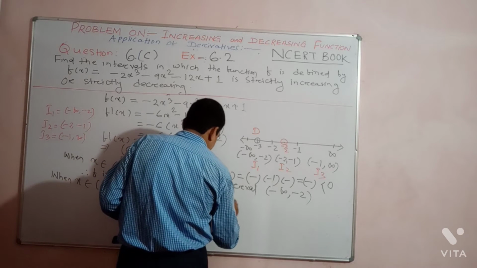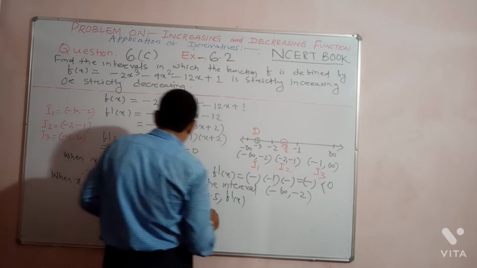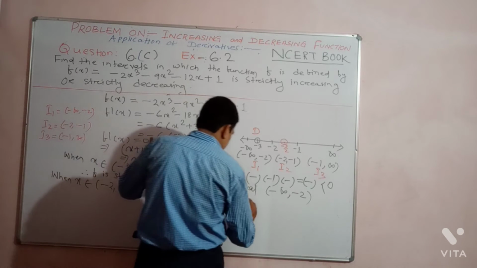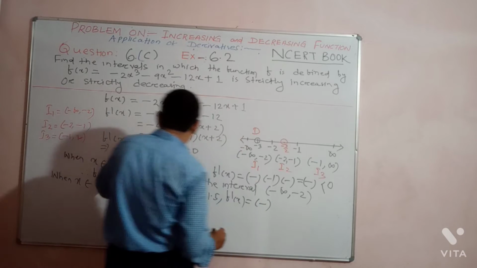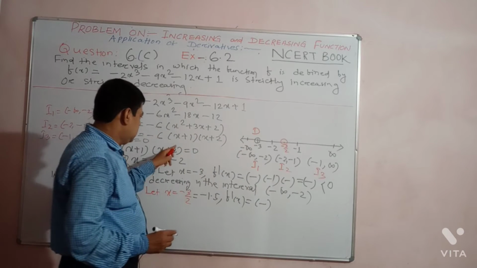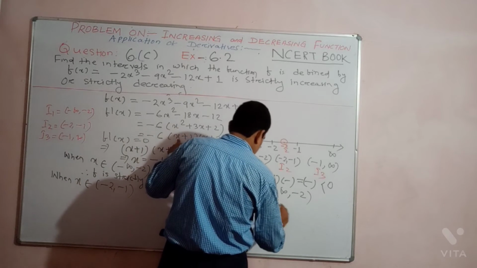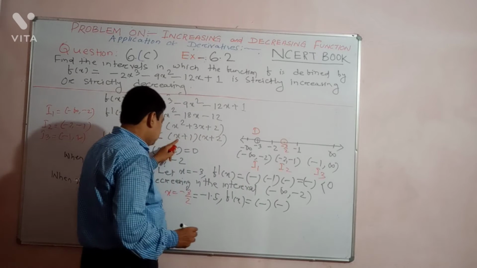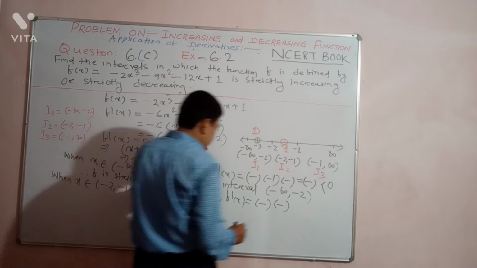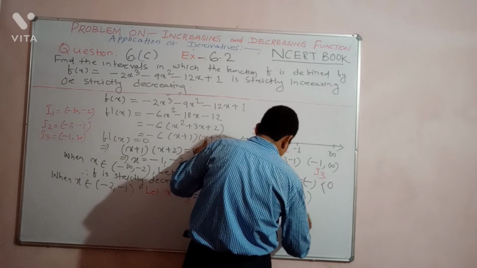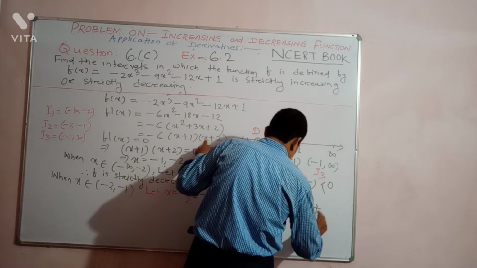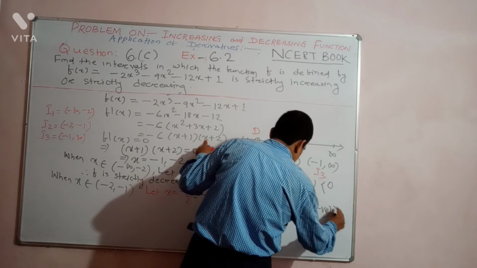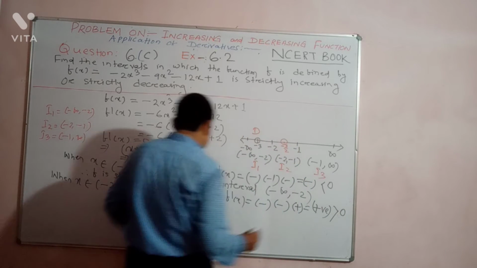Then you see f'(x), put the value in the derivative of the function. This sign is negative; the first factor is minus. Here for -1.5, this factor is also negative, and here for -1.5, this factor will be positive. So the overall sign will be positive. It means f'(x) is greater than 0.